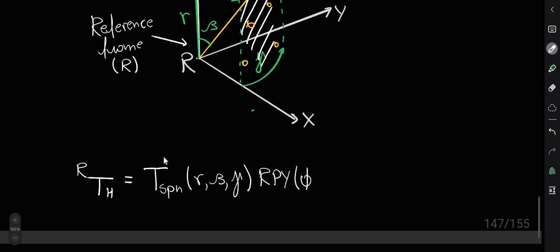So we got a transformation, and when we multiply by the RPY matrix, we are restoring or changing the position and orientation, as I keep saying. Okay.